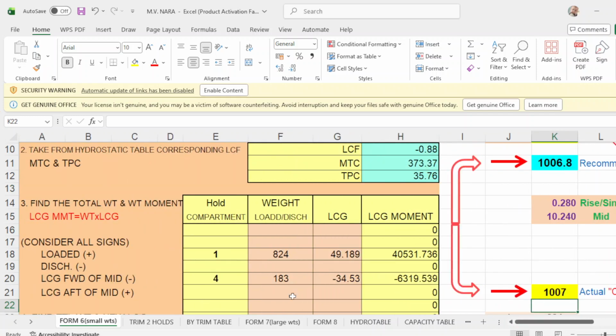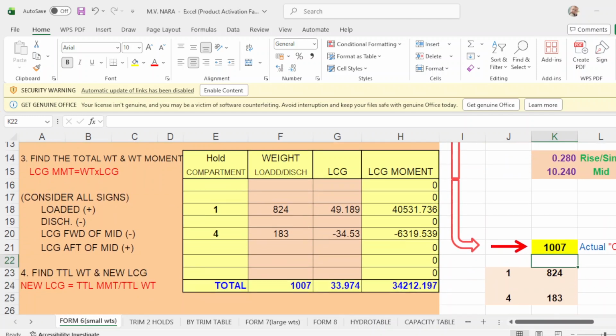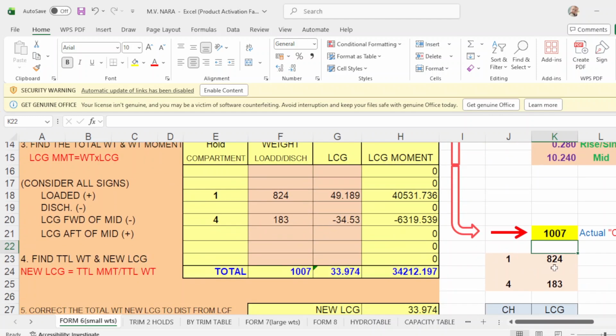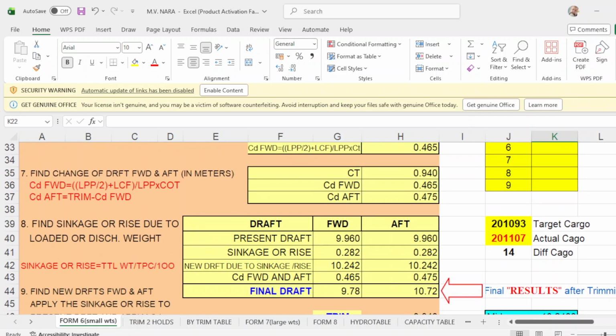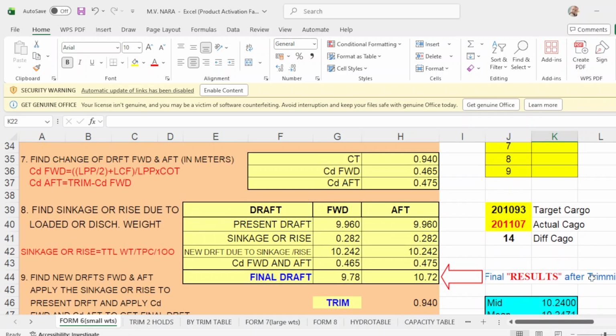And your program is in for number 6. You have here number 1 is 824, and number 4 is 183, and you have your LCG for its corresponding hold. Then your total cargo or your departure drop will be, forward is 9.78 and aft drop is 10.72.